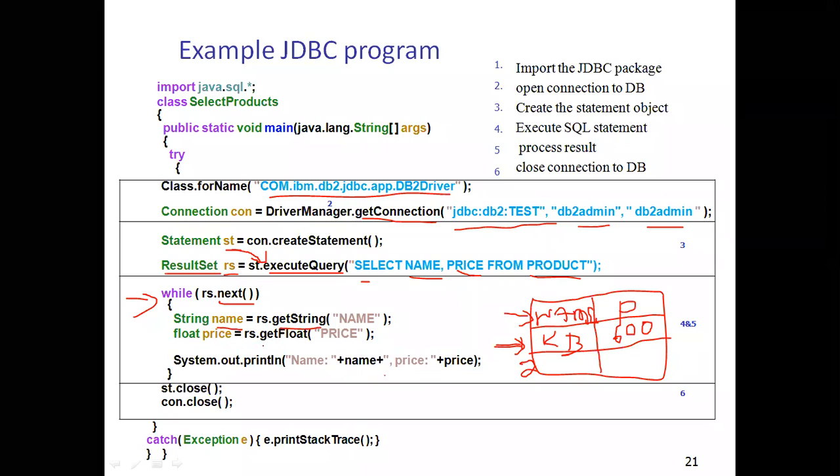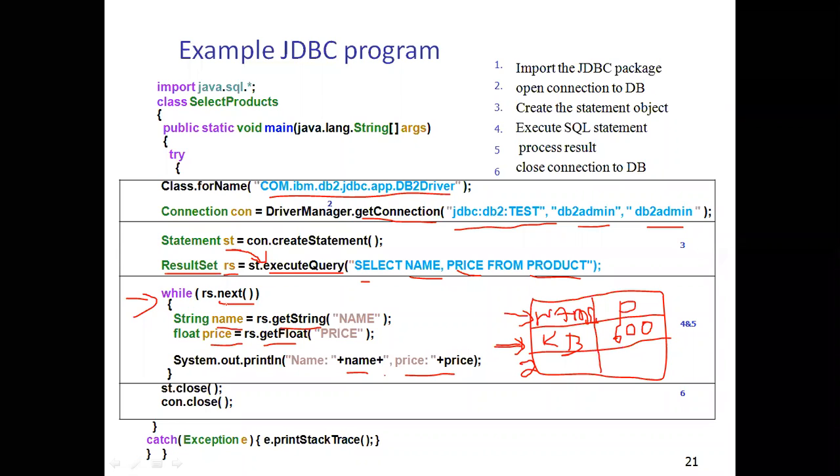Then the next one is rs.getFloat, because price is declared as float. That price is stored in the variable price. So name and price contain the result that has to be printed here. Once one record is printed, it checks whether another next row is there.